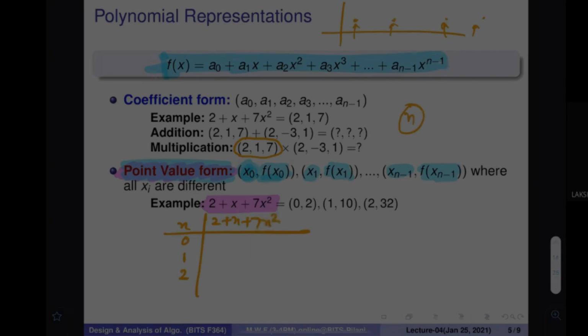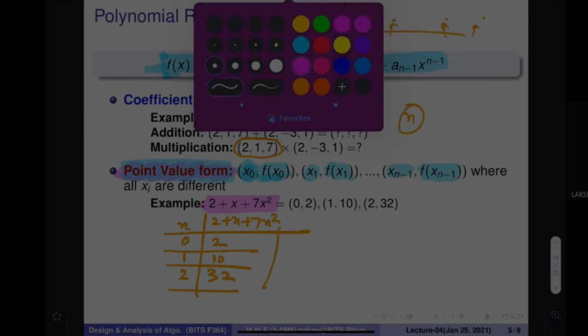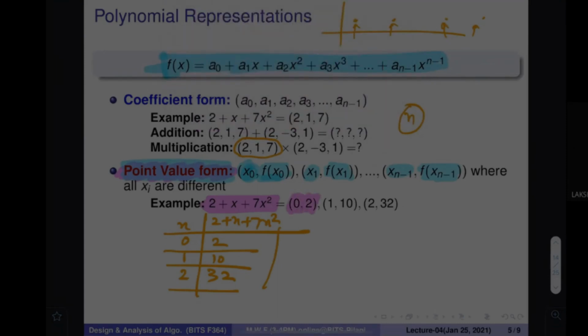At 0 it is 2. At 1 it is 2 plus 7, which is 9, 10. And when it is 2, it becomes 32. Am I right? So you can represent these values as (0, 2), (1, 10), (2, 32). In this way you can represent these values.